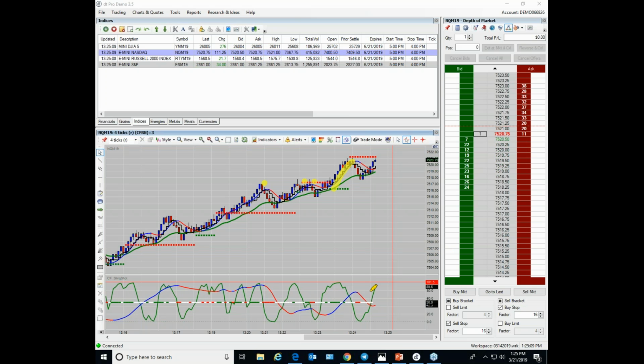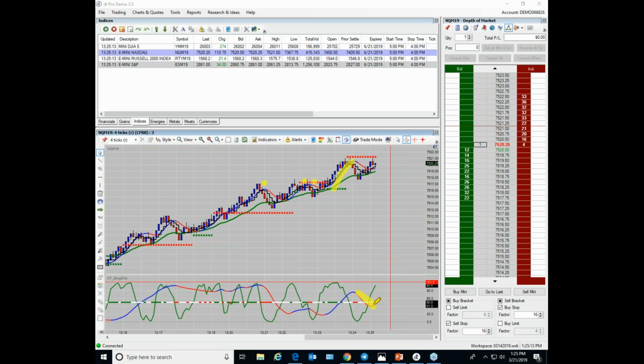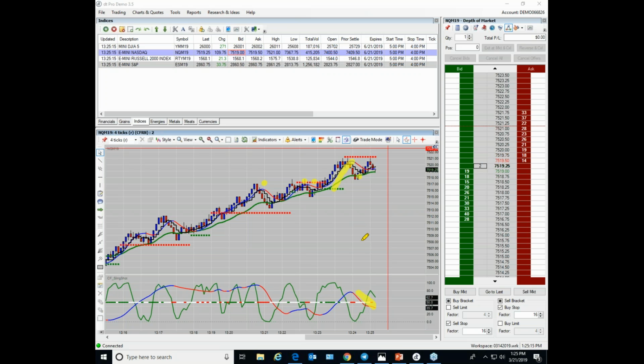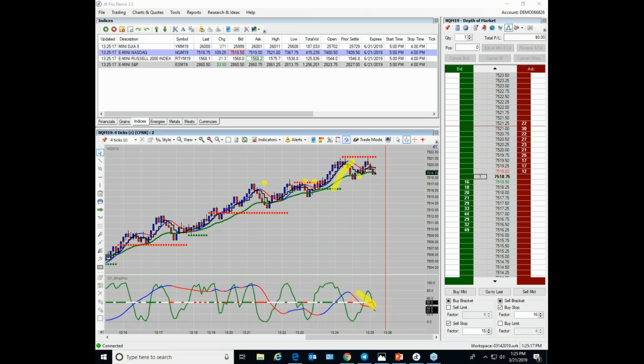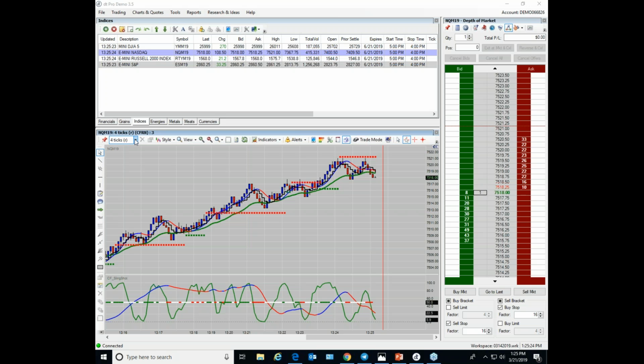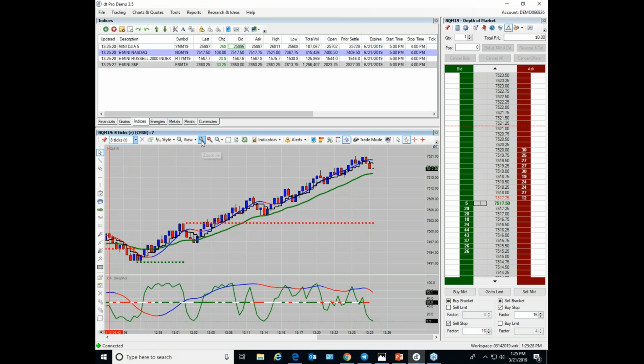Right now, the cycle is red and at a 45-degree angle against us, so there wouldn't have been an opportunity to get long. This is one of those markets where you'd go from a 4-tick range and maybe change it to an 8-tick range. A lot smoother.